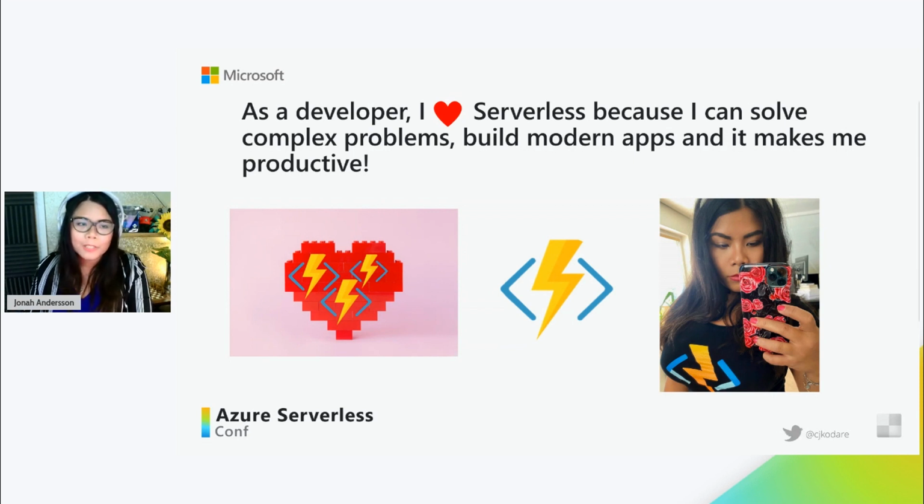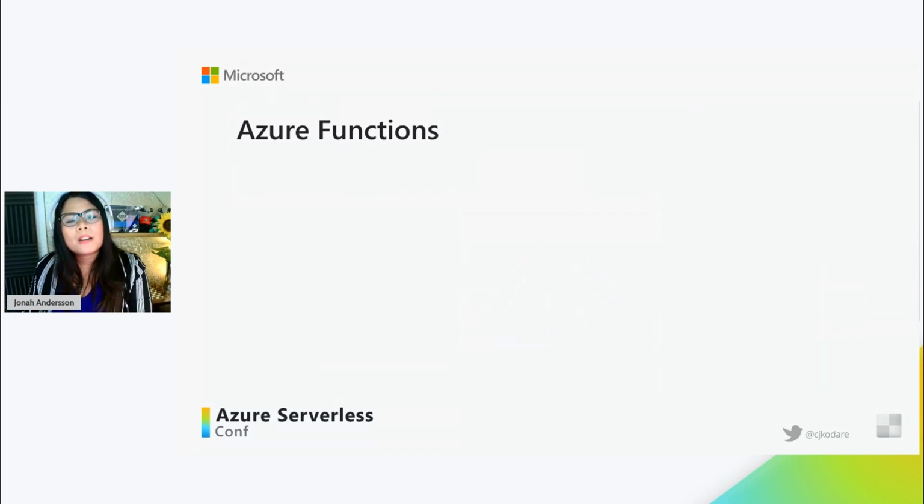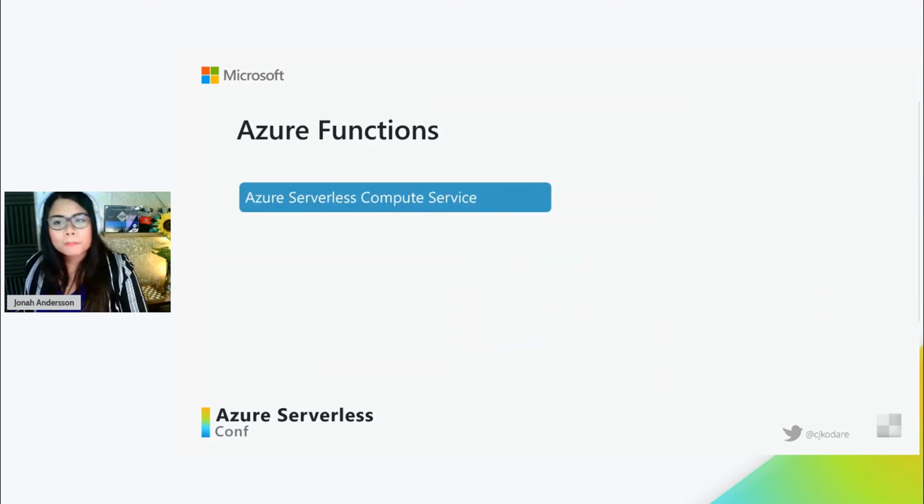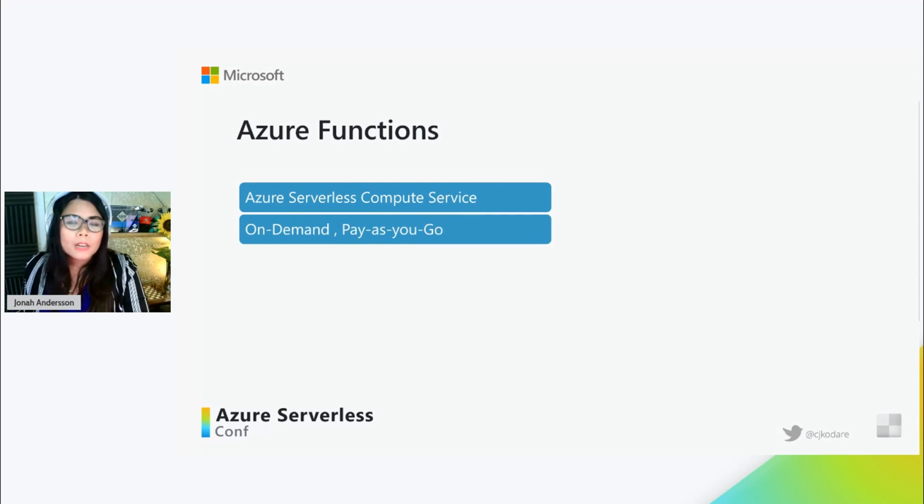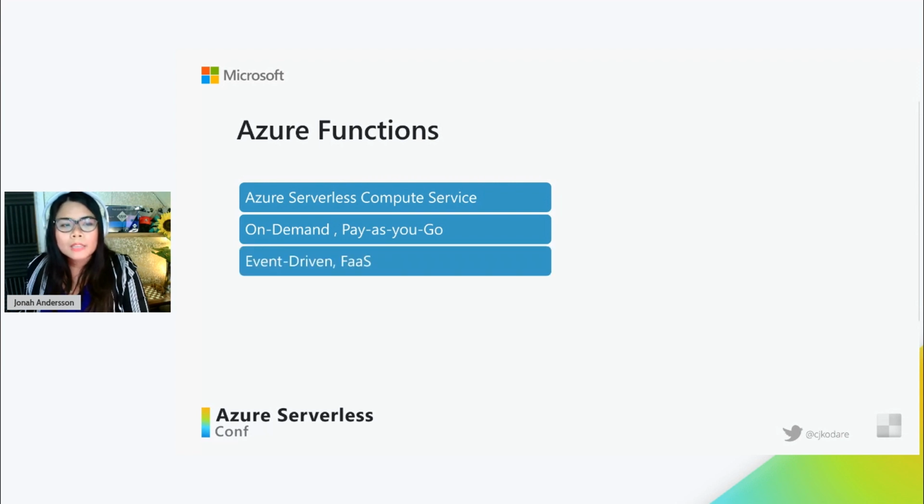So I love serverless. I want to give you a brief overview of what Azure Functions is. It is serverless compute in Azure. You can have it on demand, and you pay as you go, paying only for what you use. It is event-driven, function as a service, so it's perfect for event-driven apps or architecture.